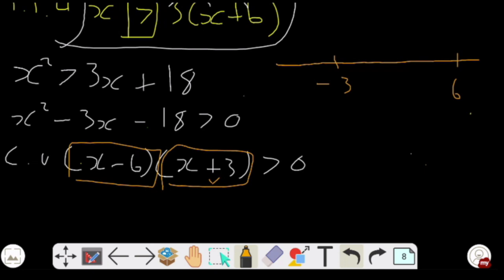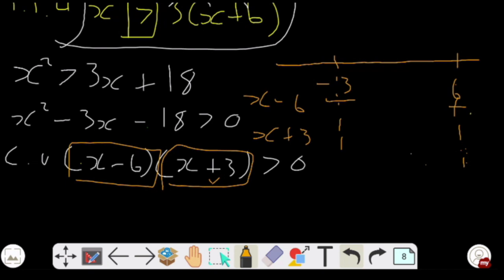Remember our critical values, write them over here: x minus 6, and then x plus 3. Now in our number line we have a 3 and a 6.